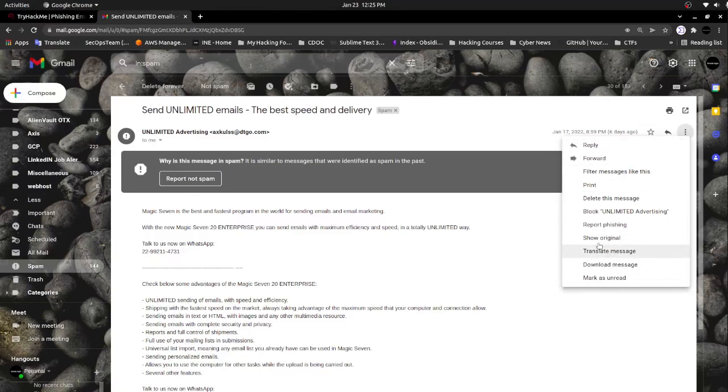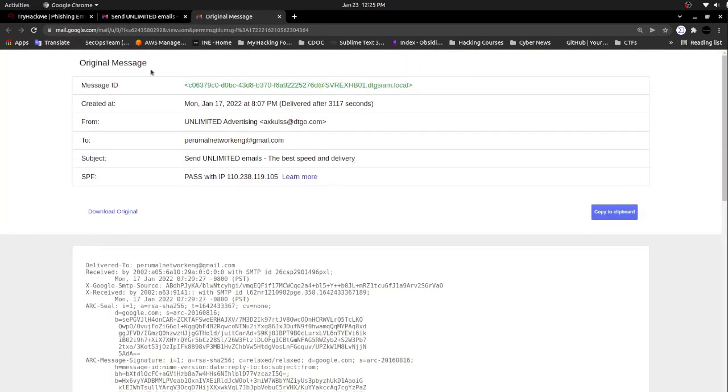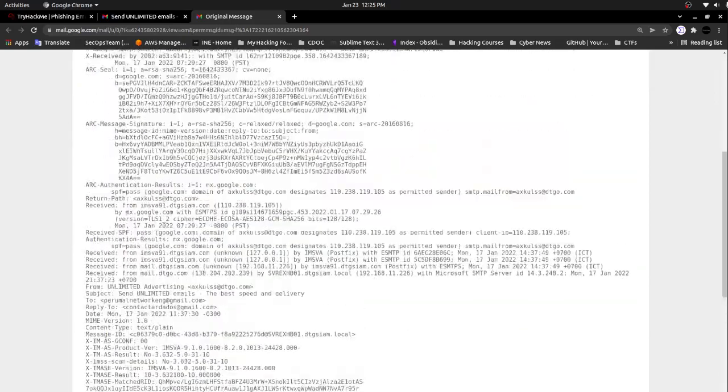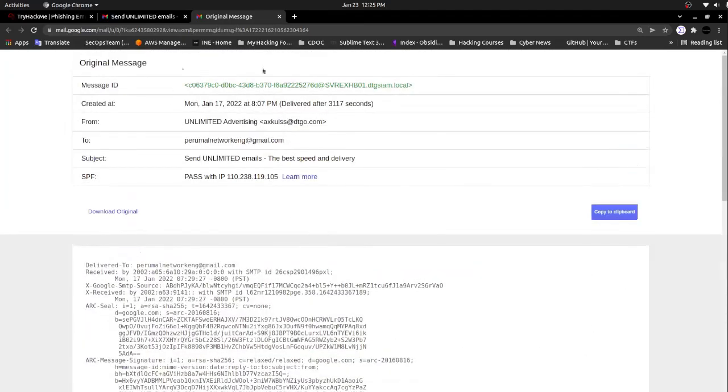Here I opened one of the spam emails that I received. I have no idea whether the email is spam or not. Here I can see it came from Unlimited Advertising and a random address like btgo.com with the domain, and the destination, my email address, the subject, and mailed by btgo.com.